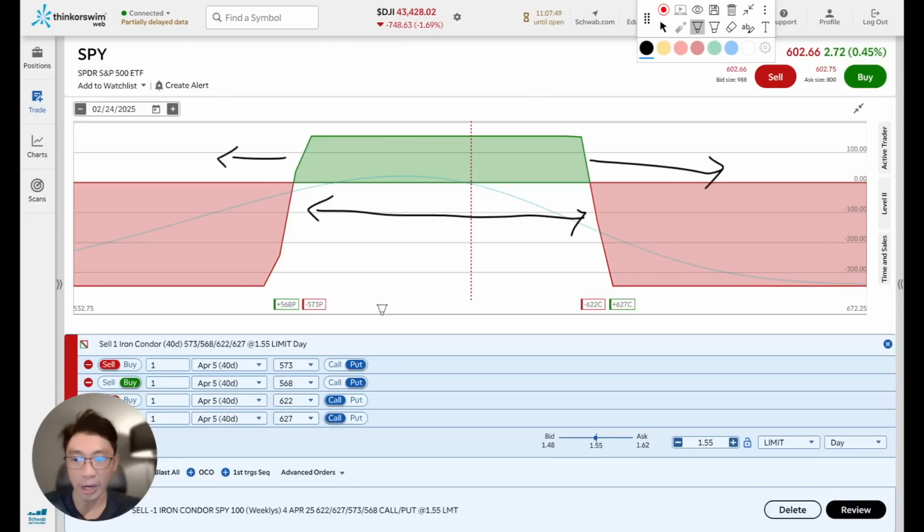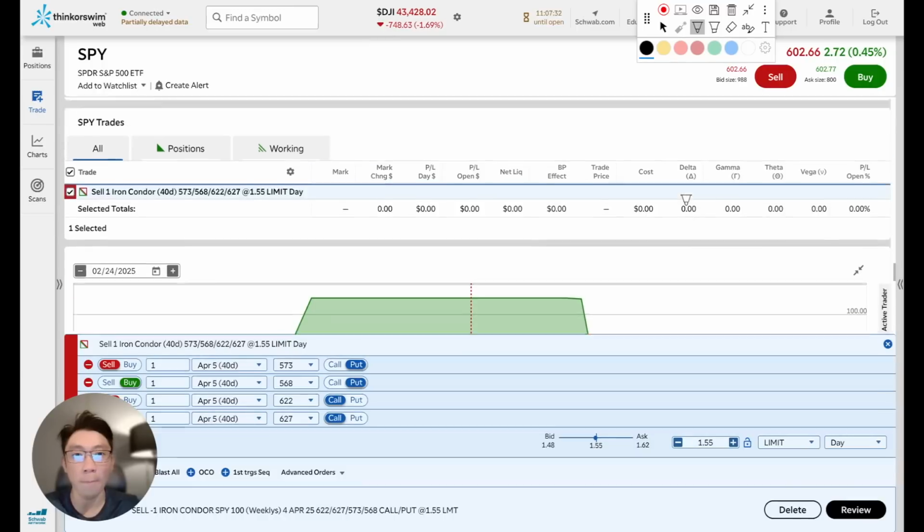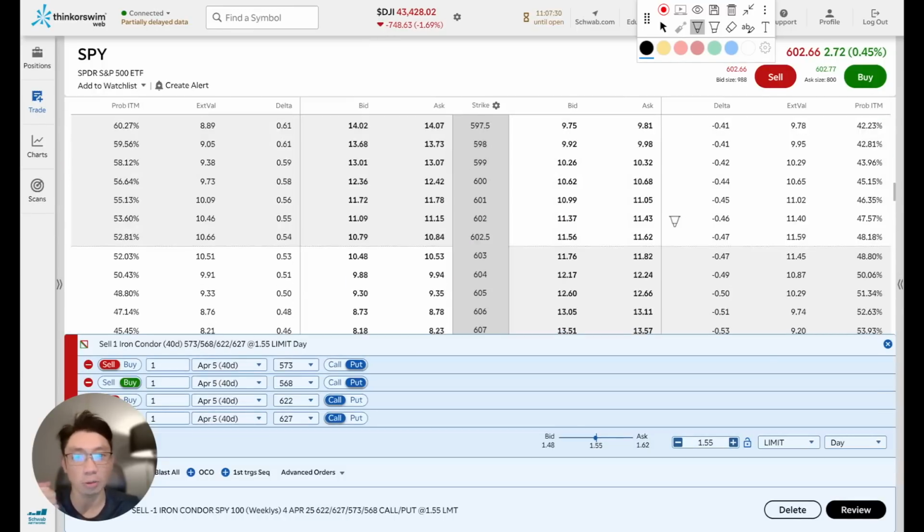Now, there is a variation to this iron condor, which is what's called the jade iron condor. And if you're wondering what's the jade iron condor, well, it's the defined risk version of a jade lizard. So you may have heard of the jade lizard before. The jade lizard basically is a combination of, again, two credit types of strategies.